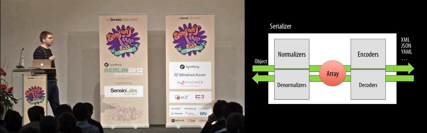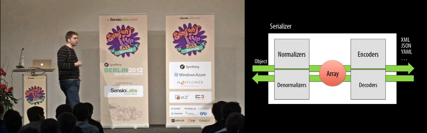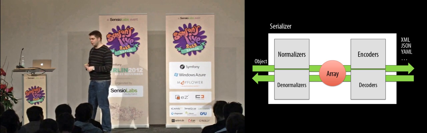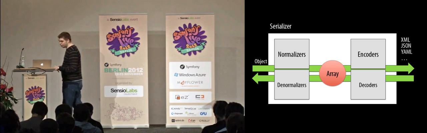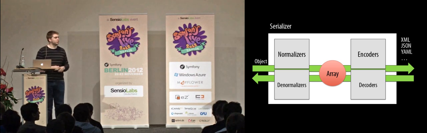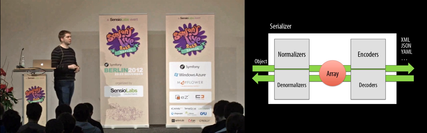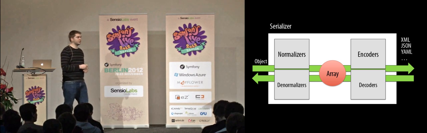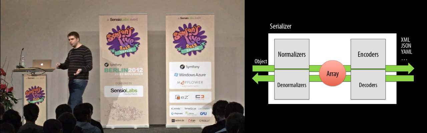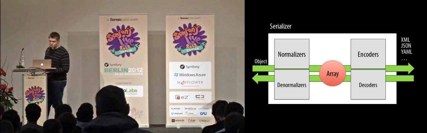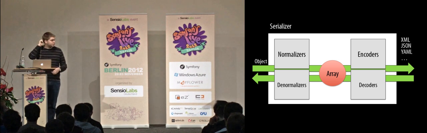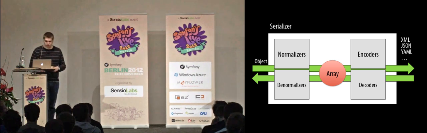When you try to serialize a PHP object, the serializer will first convert it to an array, and then this array is encoded to a specific representation. It can be an XML, JSON or YAML encoding, so we are using encoder objects to convert this PHP array to an output.